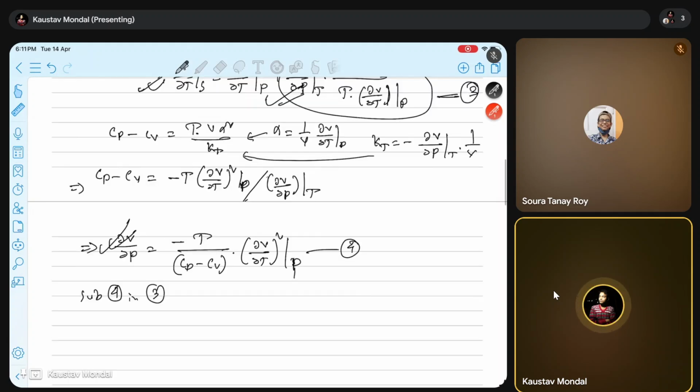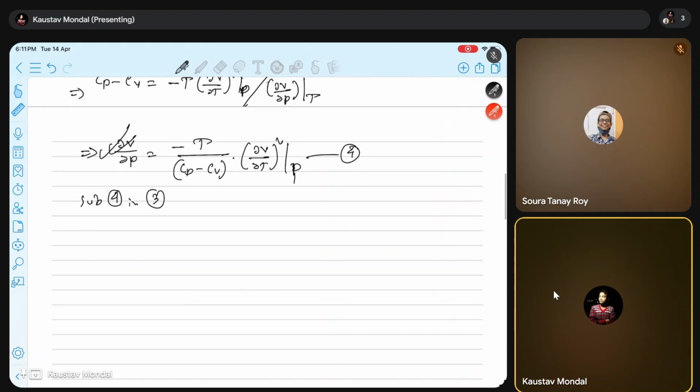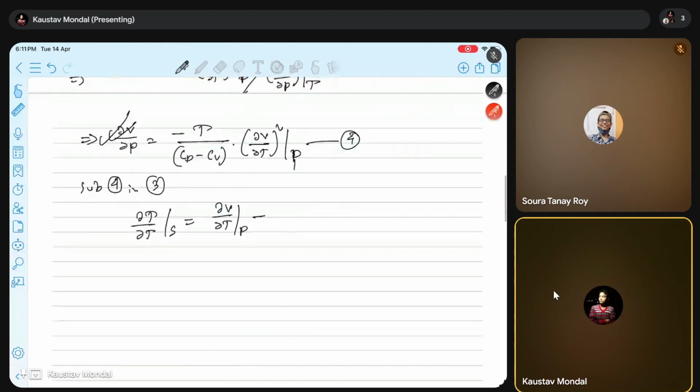We get this kind of a relation. del V by del T at constant S would be del P by del T at constant P times... After substituting this here, there will be a minus sign.